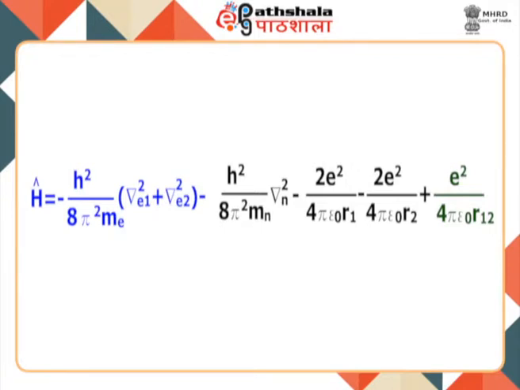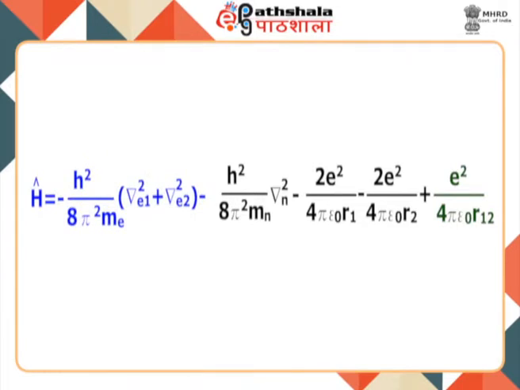Then in the parentheses we have the Laplacian operator square for electron 1 plus the Laplacian operator square for electron 2, minus h square upon 8 pi square Mn times the Laplacian operator n square. That means this term represents the kinetic energy part for the nucleus, whereas the first two terms represent the kinetic energy part for the two electrons, 1 and 2.